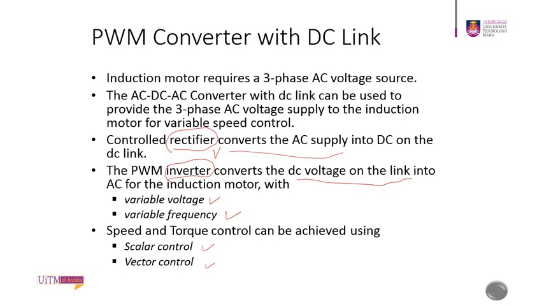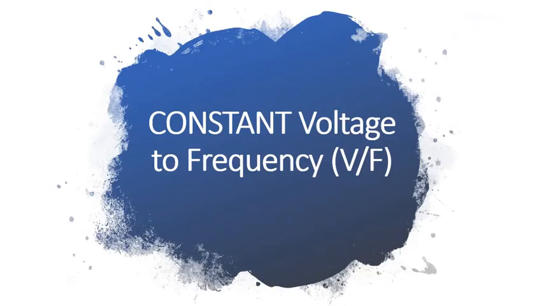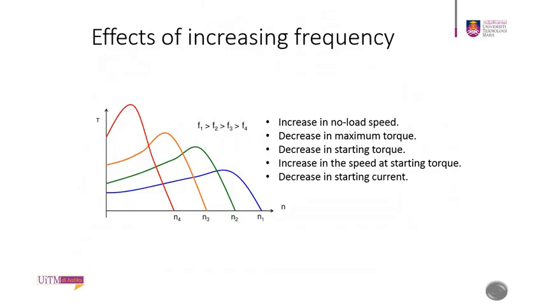First we will be looking into the scalar control, that is the voltage to frequency, V/F. Looking at the effects of increasing your frequency, you can see the torque to speed graph here. For example, frequency F1 is higher than frequency F2, F3, and so on.